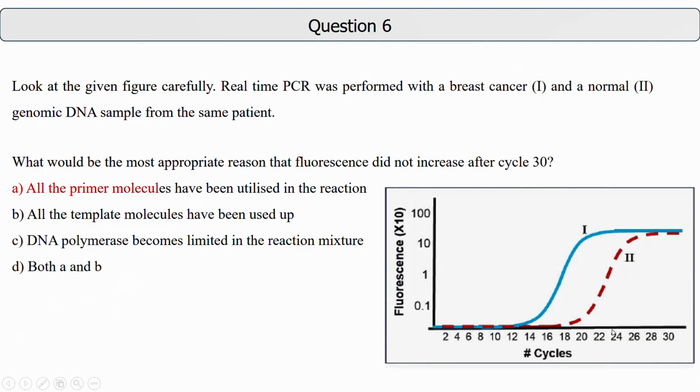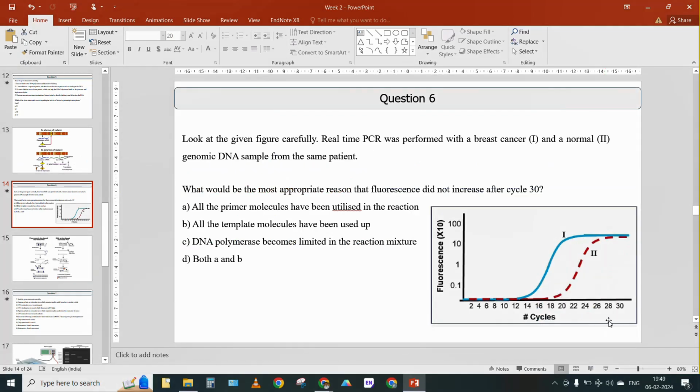When all primer molecules are utilized and template molecules are used up, then the binding is mostly done, so there will be no further reaction. It'll just stop at that point.